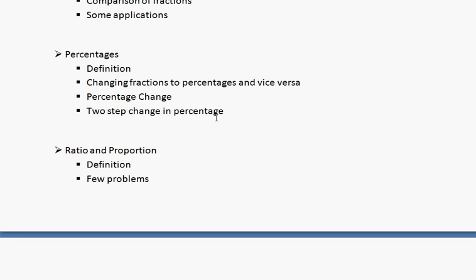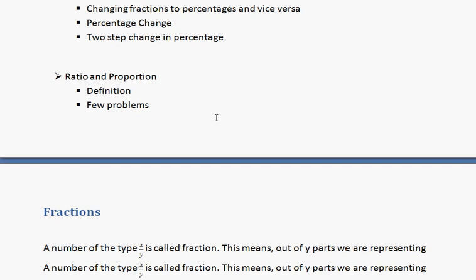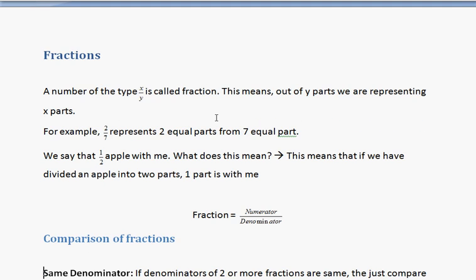That's our main motive, to do questions in our exam. We are not going to just go into theory as we used to in class 8 or class 9. We will go into these topics in as precise a way as possible, so that we can solve the questions. So without wasting much time, let's go to fractions.